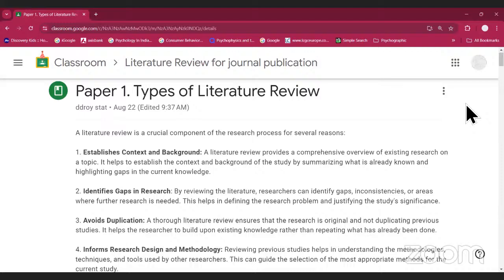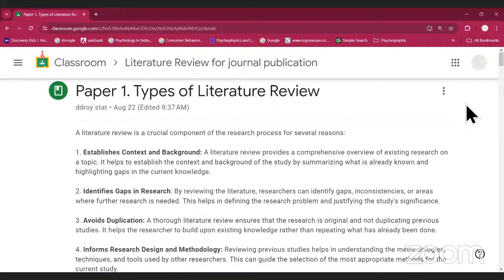Number 1, establishes context and background. A literature review provides a comprehensive overview of existing research on a topic. It helps to establish the context and background of the study by summarizing what is already known and highlighting gaps in the current knowledge.